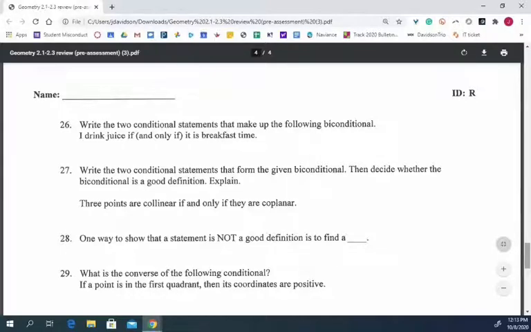Number 26, write two conditional statements that make up the following biconditional. I drink juice if and only if it is breakfast time. So two conditionals. You could say, if I drink juice, then it's breakfast time.